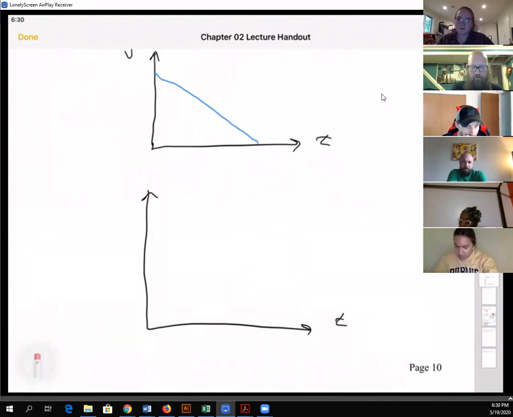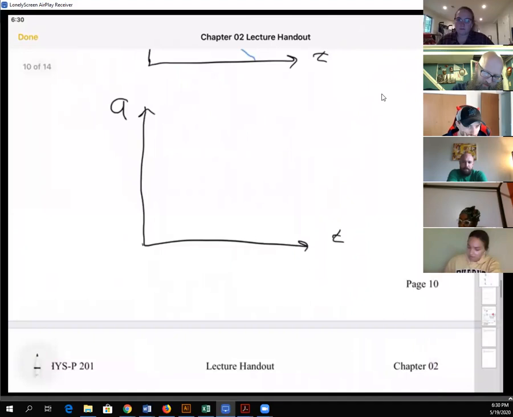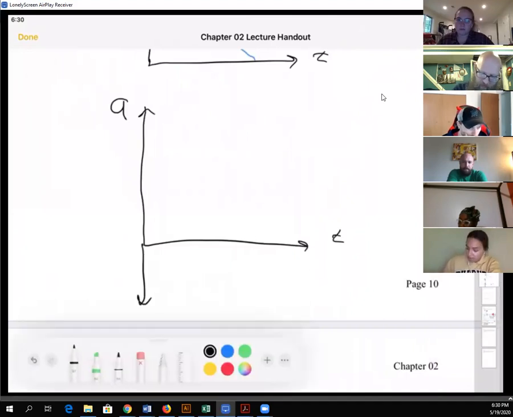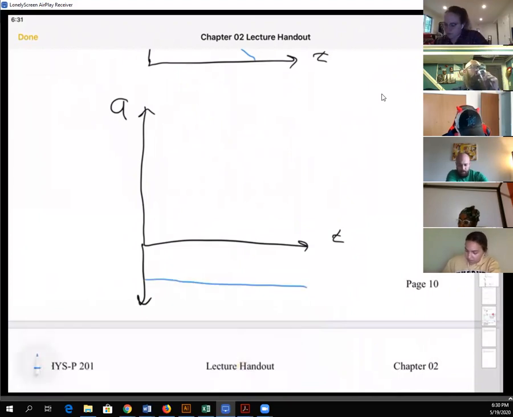What's the sign of the slope of velocity versus time? Negative. It's negative, yeah, which means I need to move this down like here. And it's constant. That's great. Okay, so there's our negative acceleration.